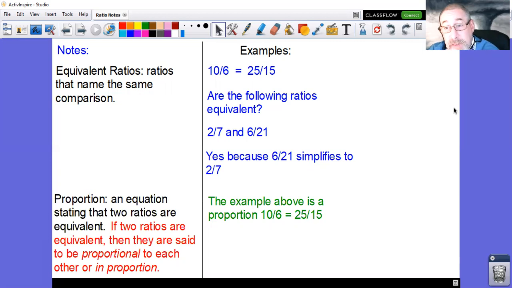So if you look at the 10 over 6 and 25 over 15, it is a proportion because they are equivalent to each other. That means that as the top value changes, the bottom value changes exactly the same in both of them. So we know that those are equivalent, and they are also considered to be proportional to each other.